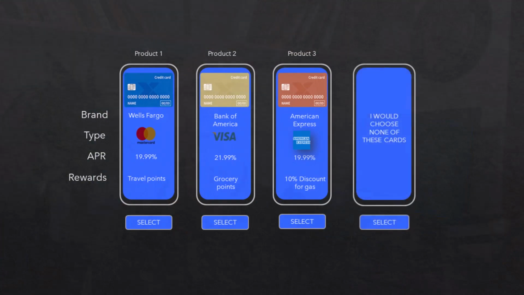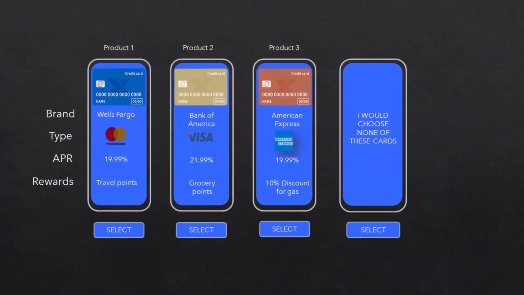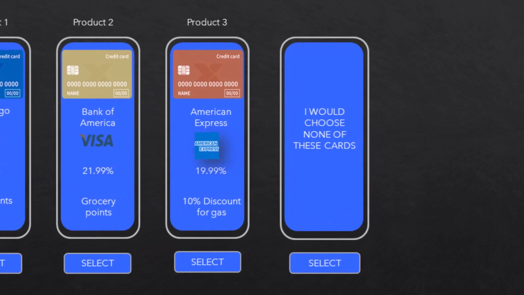There are two main ways a none option can be included. One way is to include it as one of the options to pick. So for example, there are 3 credit cards to pick from, but there's actually a 4th option which says, I would pick none of these credit cards. This way, we give the survey taker an opt-out, a way to say that the options shown are not preferred by me.